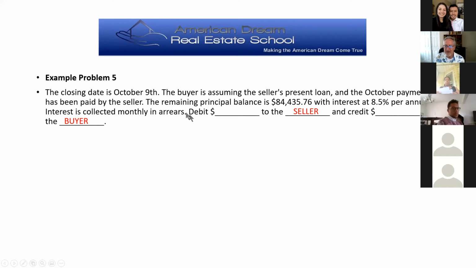It is collected in arrears. That's what I'm prorating, the interest for that month. That's why I'm doing just a month. If I was doing taxes, I would do it for the whole year. But for interest, I only have to calculate the proration of a month's time frame. So that's why the time frame I'm drawing is for a month.